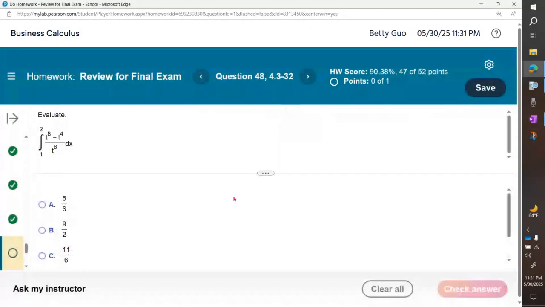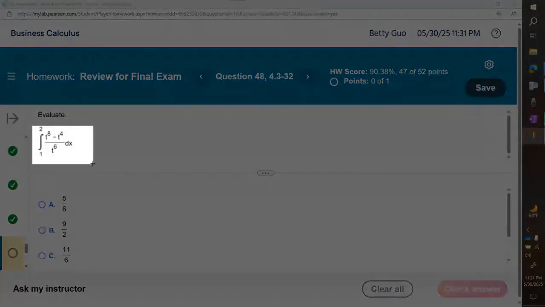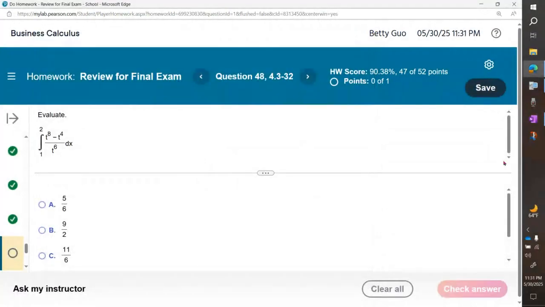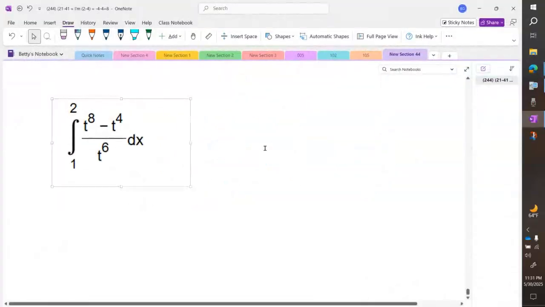Question number 48. Evaluate this definite integral. It's a multiple choice question. The function seems complicated, like a rational function.